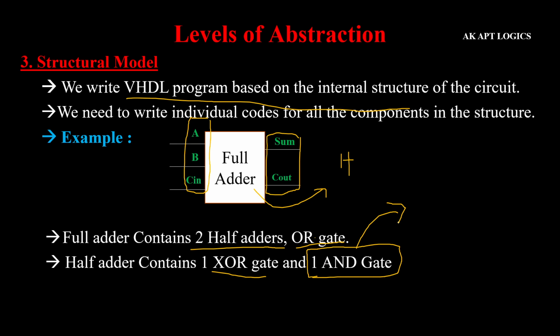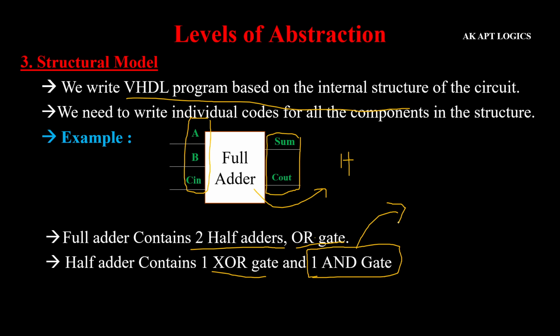The least possible design we can write in code format is the gates. Gates are basically of seven types: AND, OR, NOT, NAND, NOR, XOR, XNOR. We can write code for those gates.